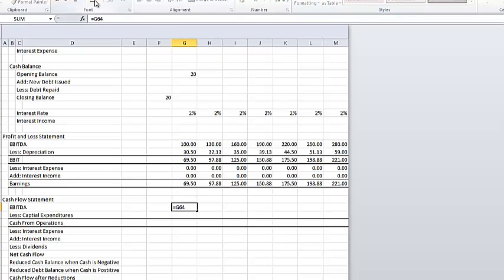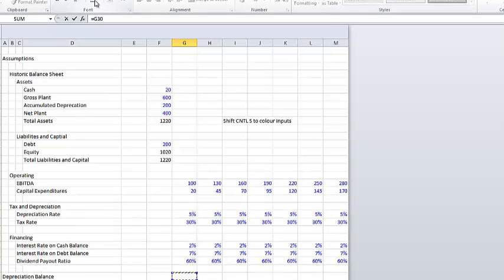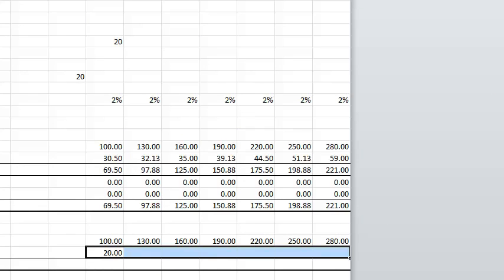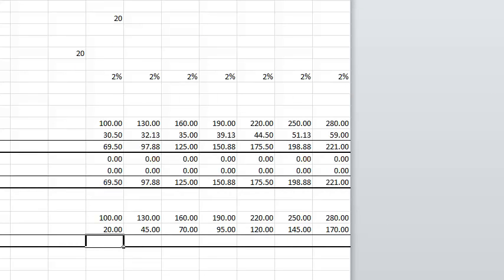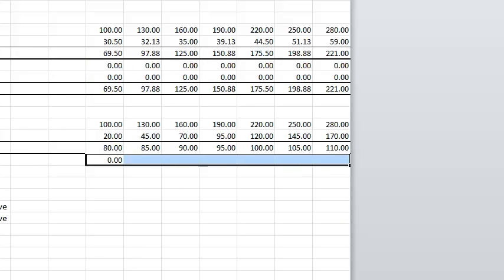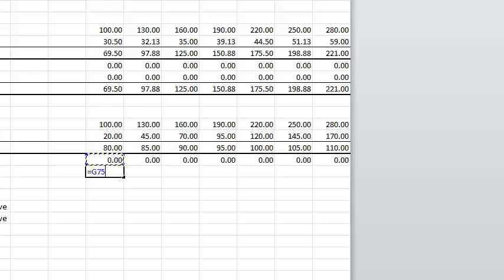Okay, so let's just work through this. EBITDA we already have. Capital expenditures we get from our working analysis or assumptions in our case. Now our interest expense, there it is, from the profit and loss. Interest income comes from the next one.